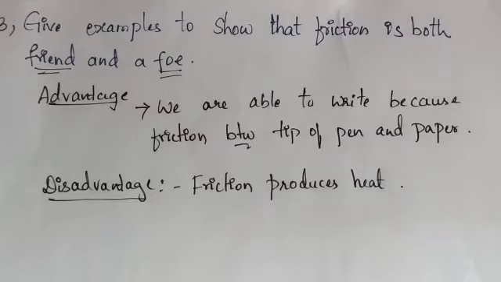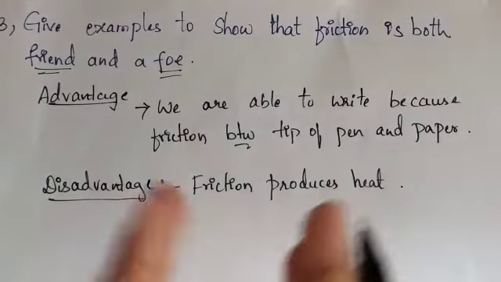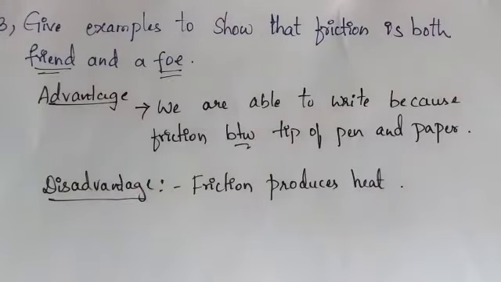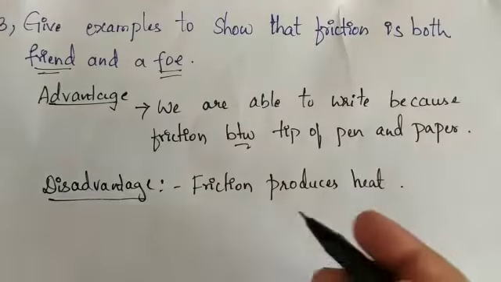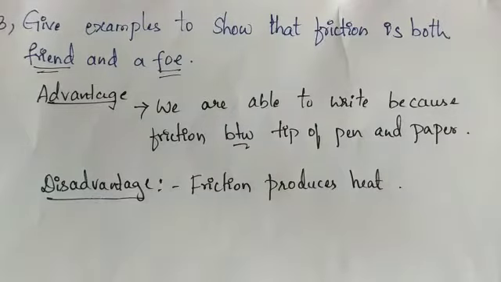This can damage the machine, isn't it? For example, if friction is produced between two machine parts, heat is produced, and then different parts of the machines can be damaged due to the friction. Okay, this is about examples to show that friction has both advantage and disadvantage.